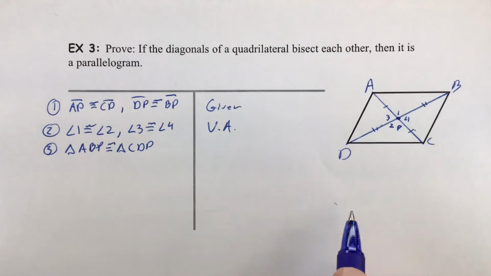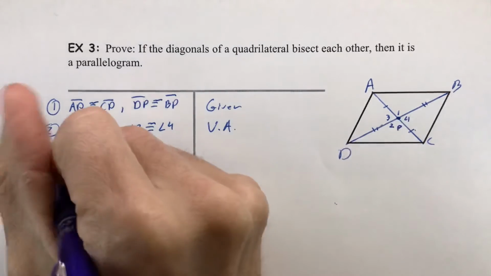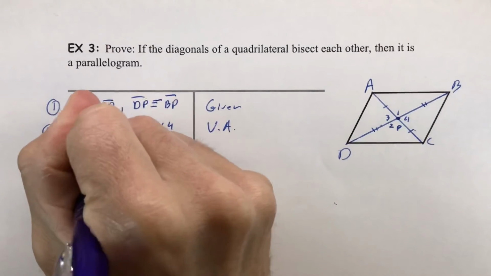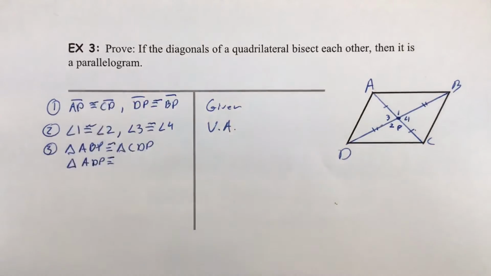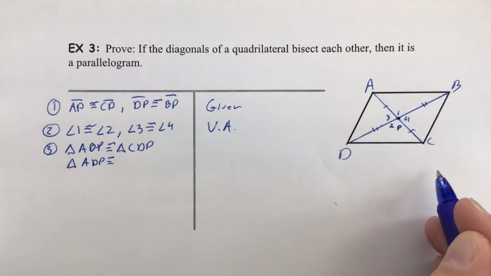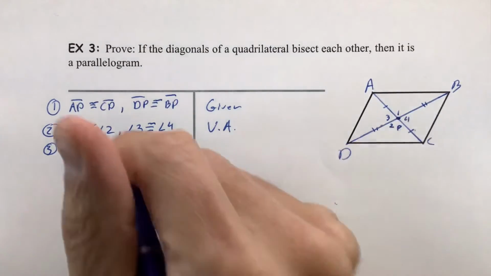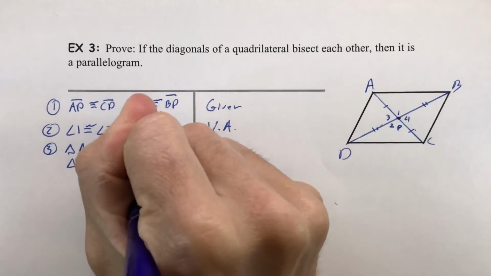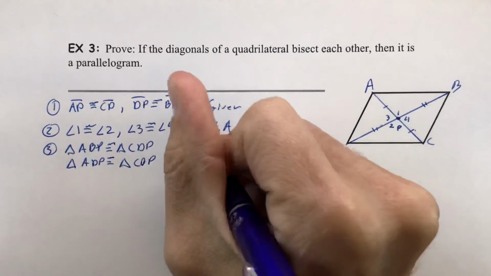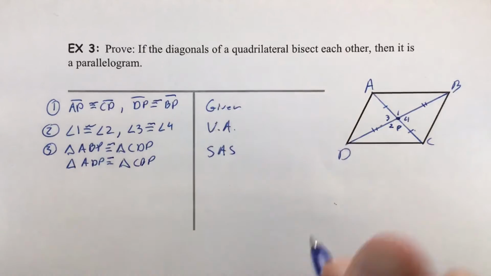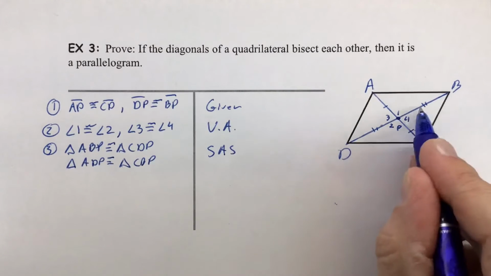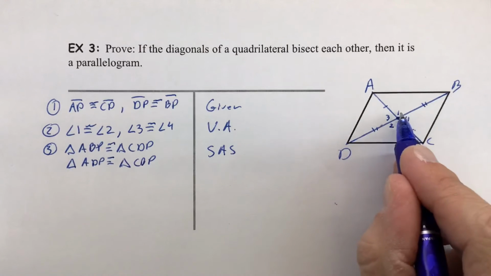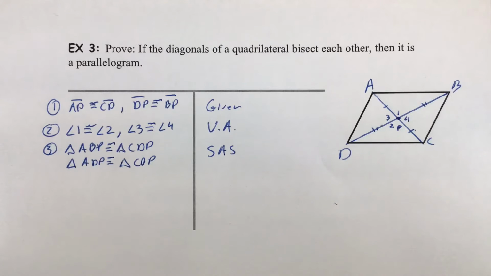And likewise, ADP is going to be congruent to CBP. Reason for that will be side, angle, side. So those are all the bisected parts of the diagonals with the vertical angles that sit in between them. And if those are congruent, then any of the corresponding parts of those triangles would be congruent.